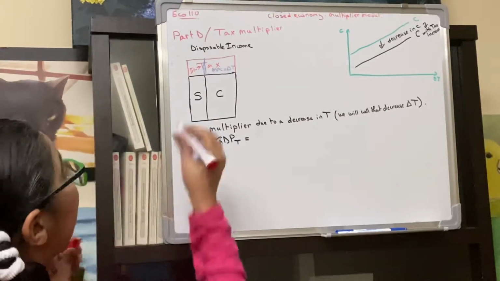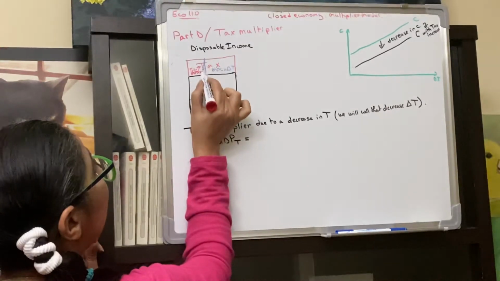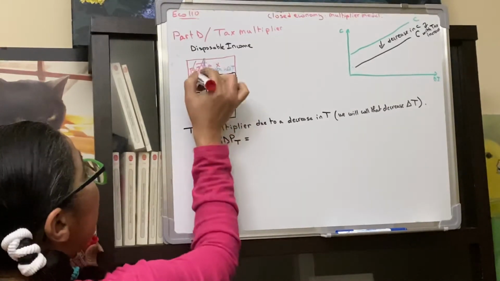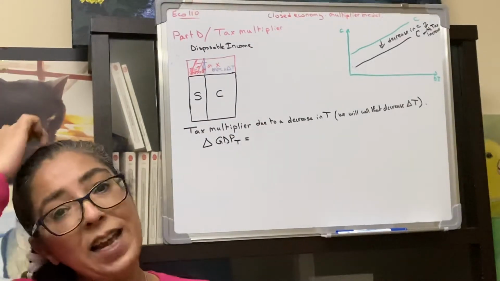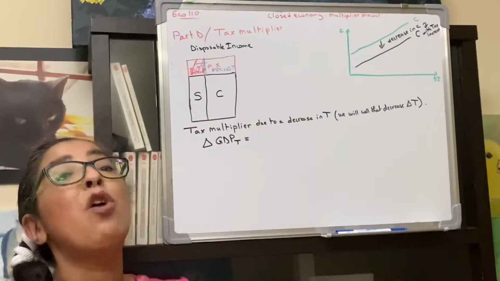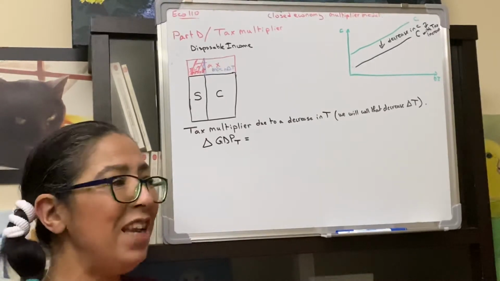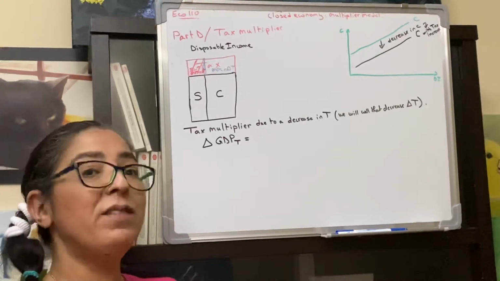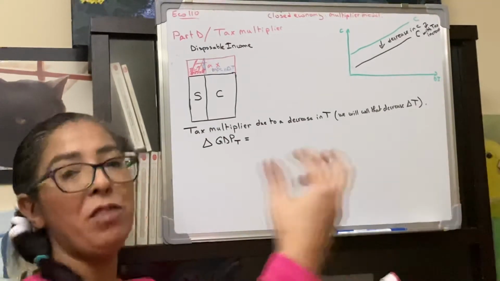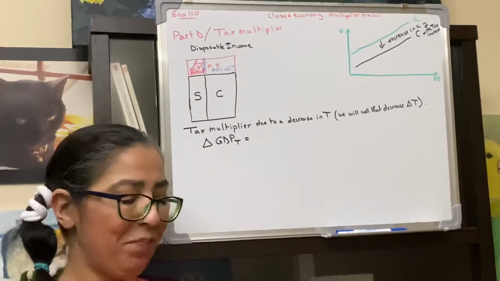The part that is not going to count is MPS times delta T. This one is not going to go to consumption. So you're not going to have the effects of the whole tax, but only MPC of it. So MPC times delta T is going to go to consumption. That means you're going to buy something with it, so I'm going to add it to the GDP.